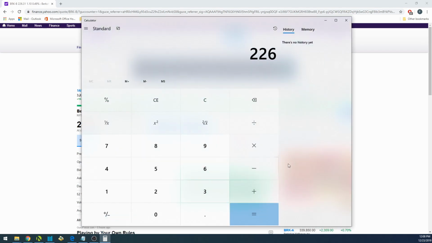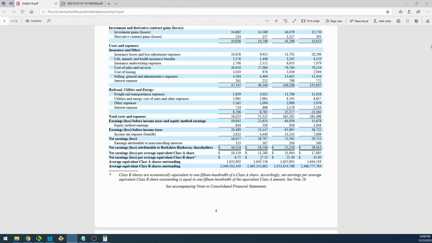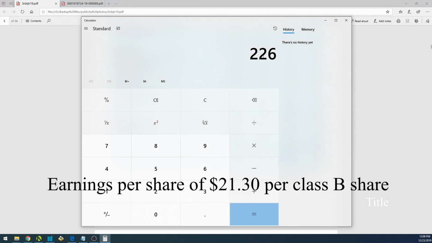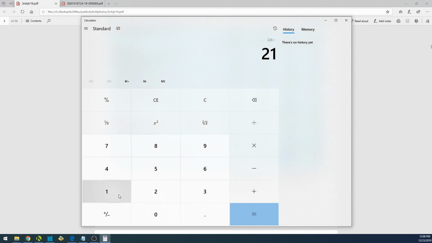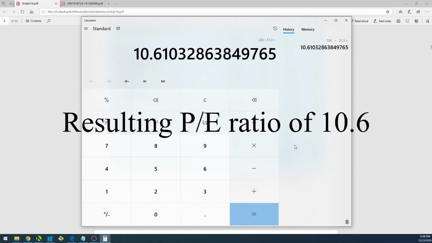Then we have to take a calculator. So let's round it down to $226 per share, and take a look at, for this year, the first 9 months of 2019, $21.30 per share. So let's take 226 and divide by 21.30. So that gives us a price to earnings ratio of 10.6.